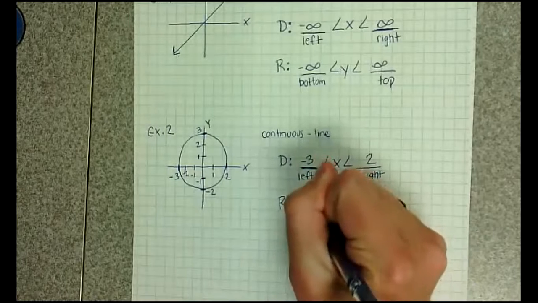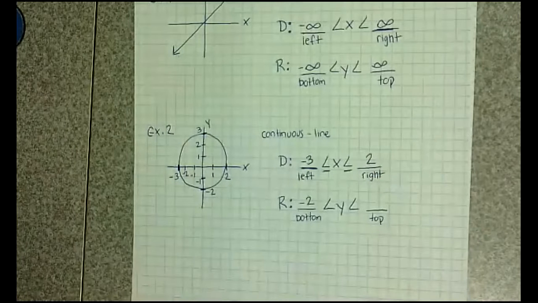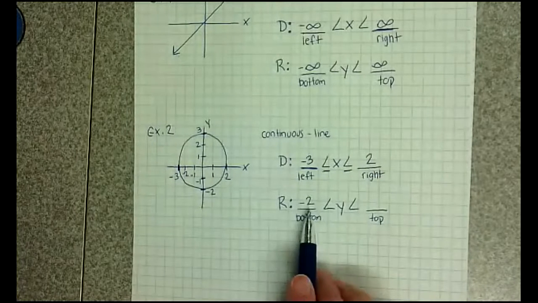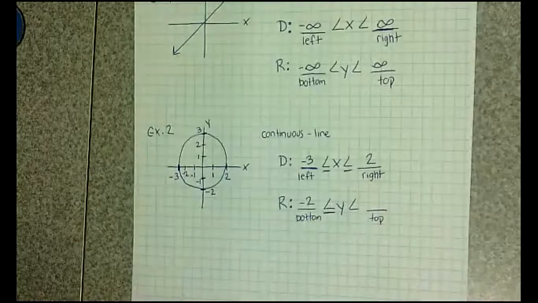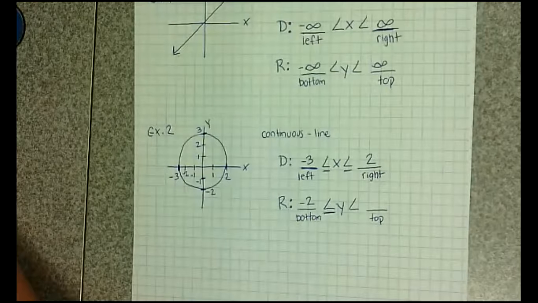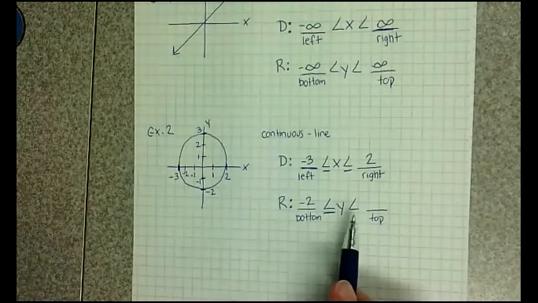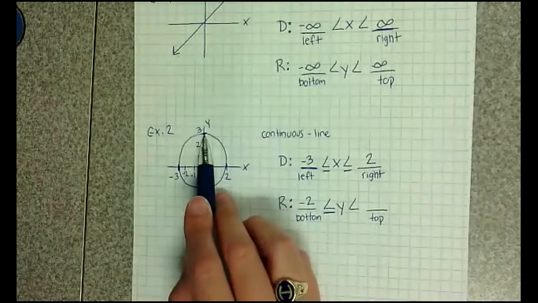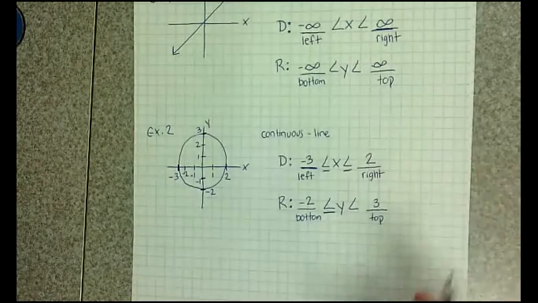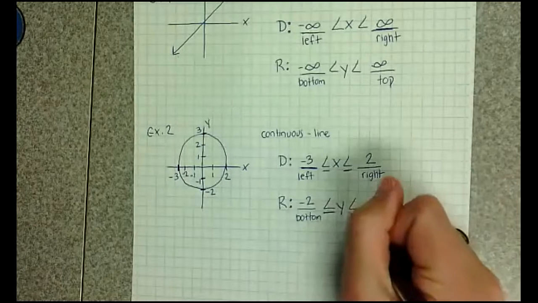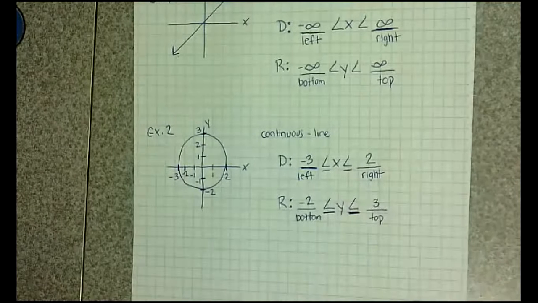So I'm going to put -2 in this blank. Since it's a number, I'm going to turn this from less than into less than or equal to. Top part of my graph is up here. That y value is at 3. So I'm going to put a 3 in this blank. I can equal 3. I'm going to change this to a less than or equal to.